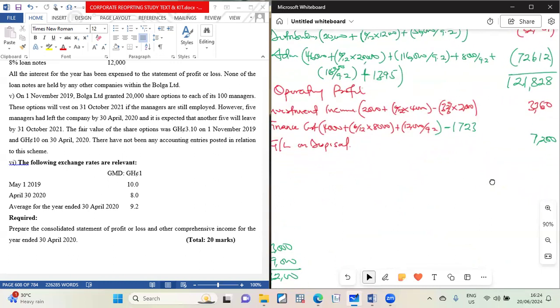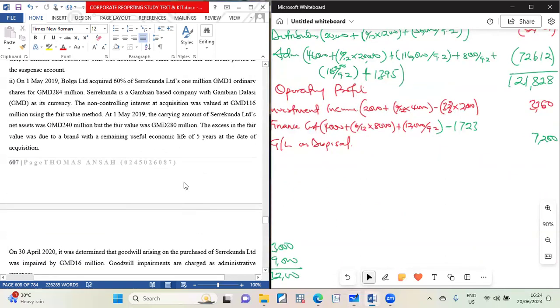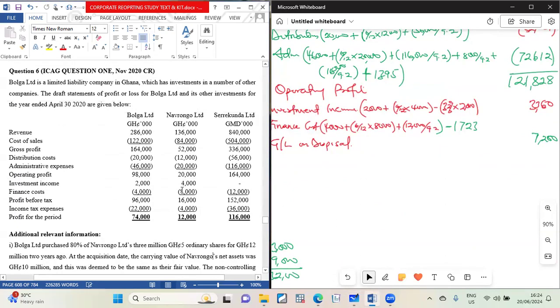So we were left with finance cost to close out, right? So that one we have 4,000 plus half of 8,000. Is it 8,000? Let me check again here, please. 8,000. So half of that is also 4,000 plus, in brackets, 12,000 divided by 9.2, bracket close, minus 1,723.